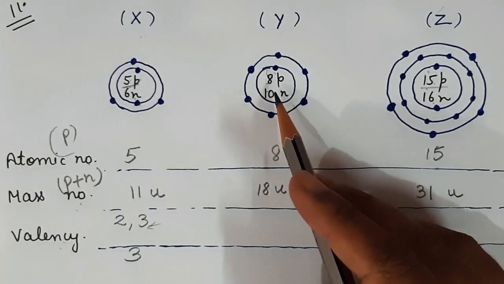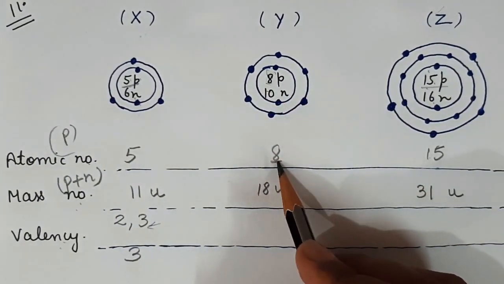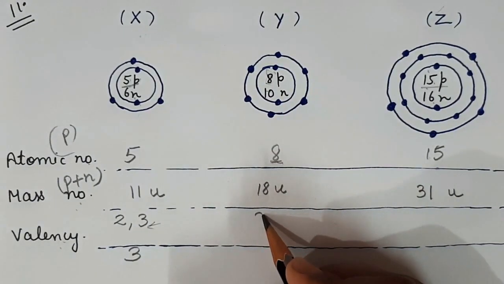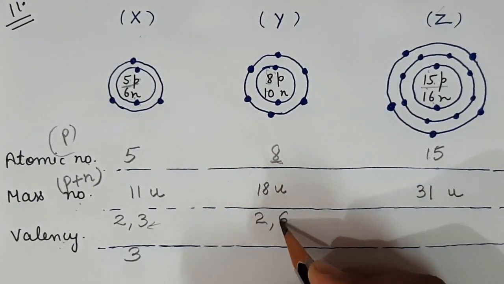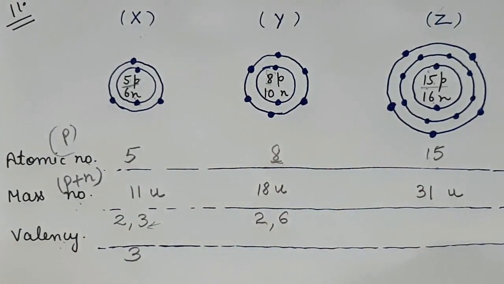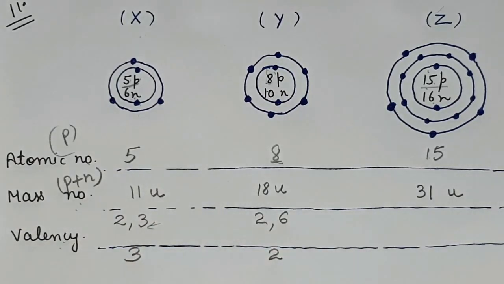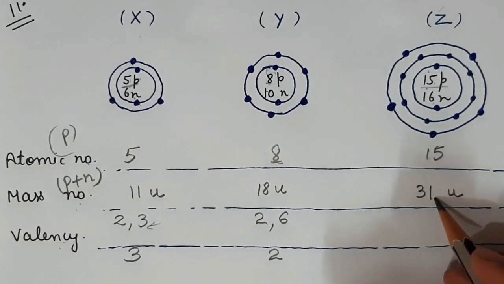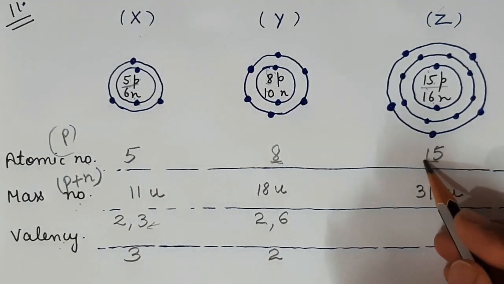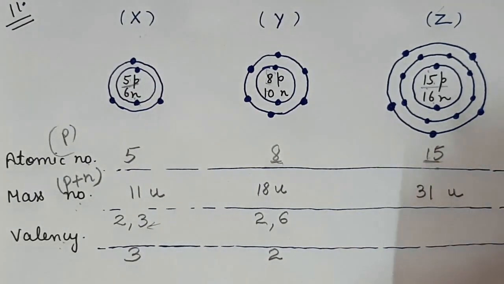For the second case, atomic number 8, so electronic configuration will be 2, 6. So what will be the valency? It will gain 2 electrons. Valency is 2. In the third case, the number of protons is 15, meaning atomic number is 15.